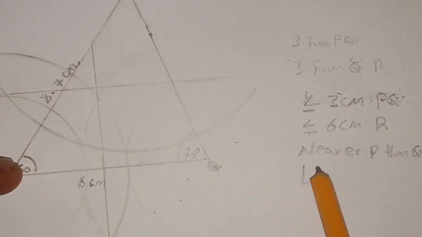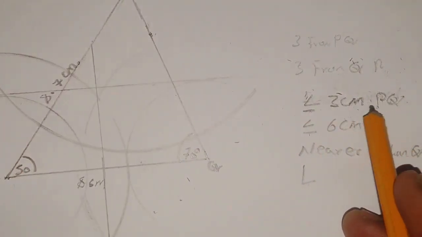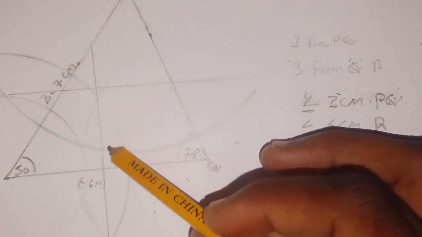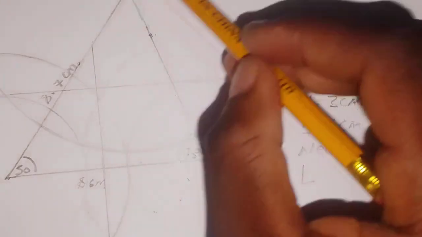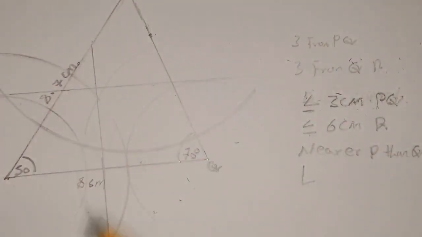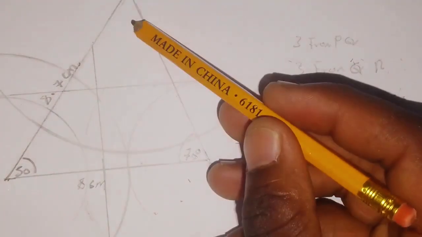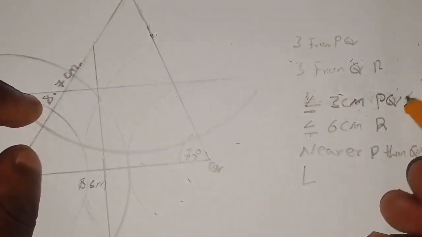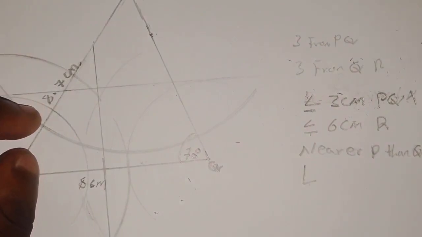So our L, being less than or equal to 3 centimeters from PQ, means that our L is this side, not that part. So I've known that our L is here, so I've dealt with this. We cancel this and proceed to the next condition.